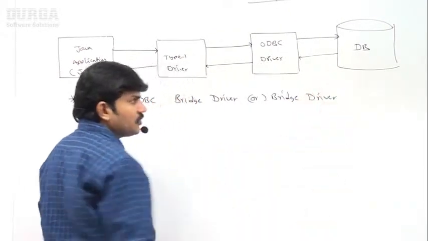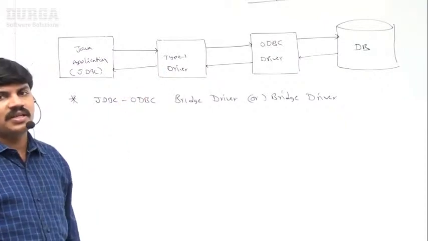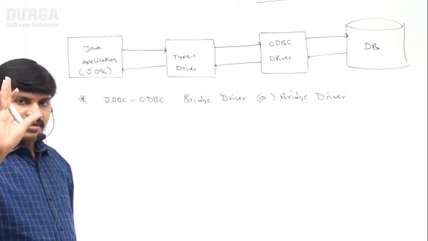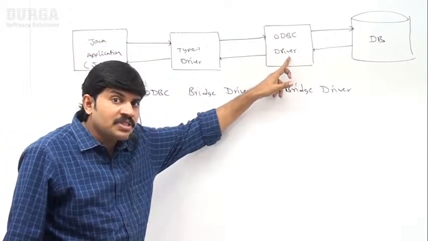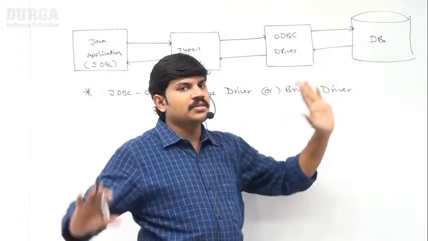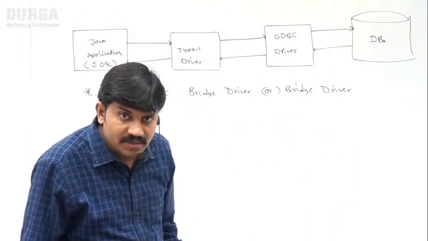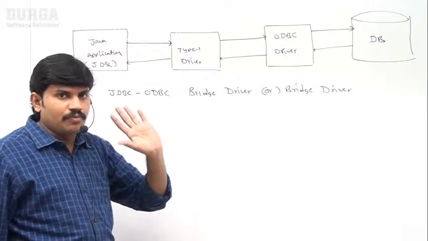Are you getting it? So what is the functionality of this type 1 driver, sir? If any person is asking, the type 1 driver converts JDBC calls into ODBC calls, and the ODBC driver converts ODBC calls into database specific calls. Now my database is able to understand. Is it clear, right? Okay, sir, that is the role of the type 1 driver, right?